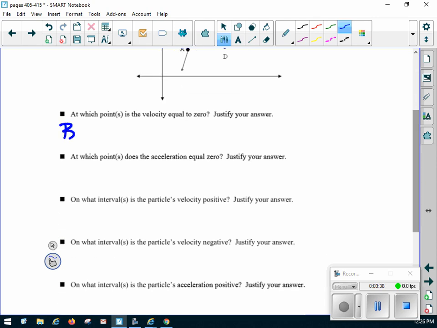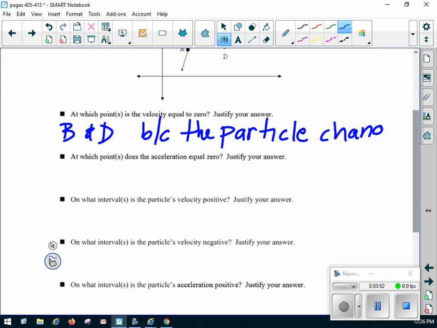At B and D, and it says to justify your answer, because the particle changes direction. We need to say it in the context of the problem. Yes, they are relative extrema, but what does that mean in the context of motion?